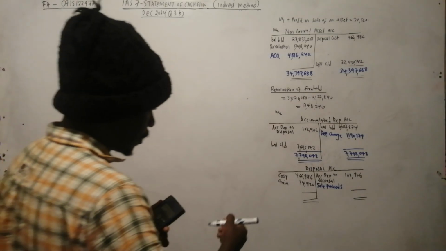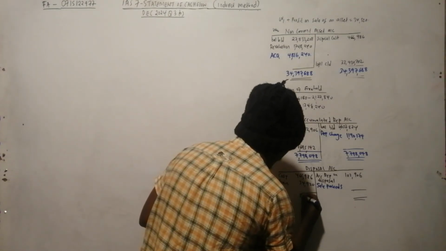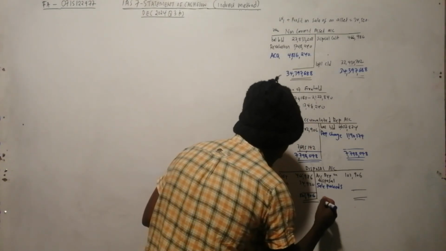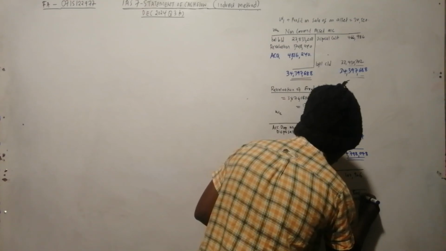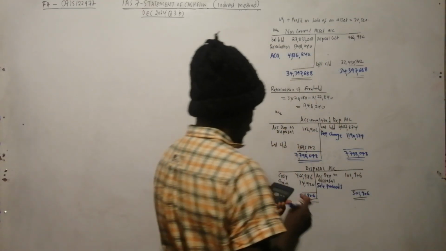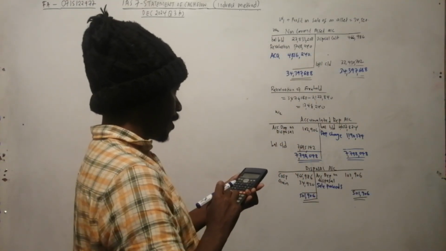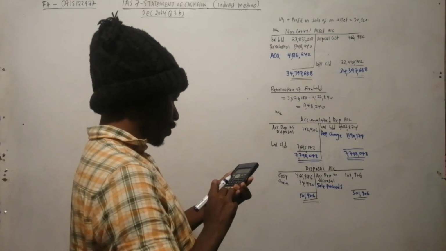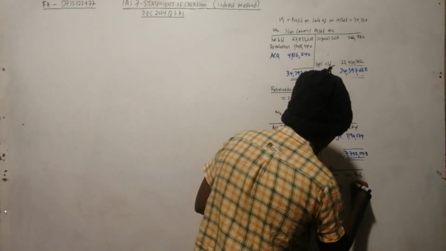So let's balance it. We add 466,986 plus 34,920, which is 501,906. Then you get the balancing figure: 501,906 minus 102,906 gives 399,000.